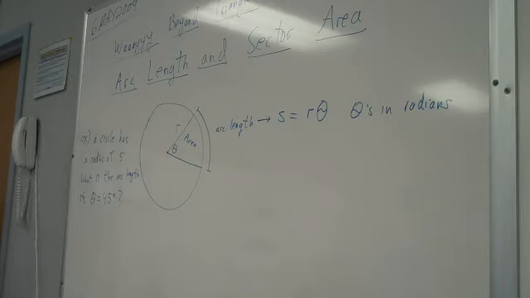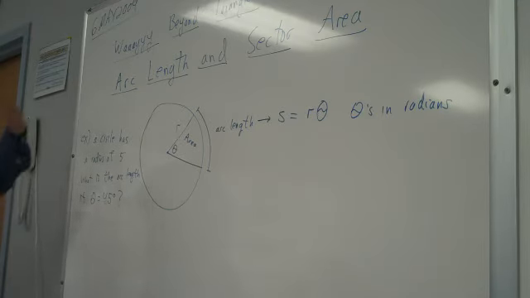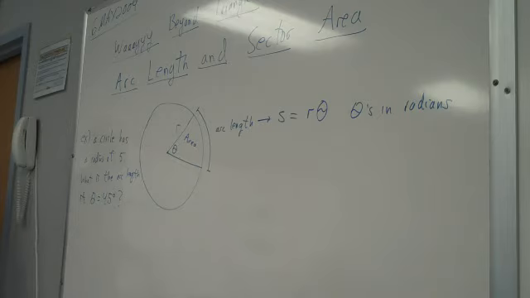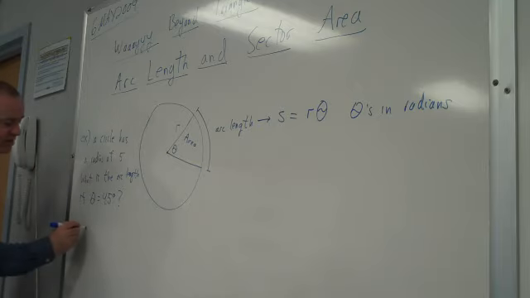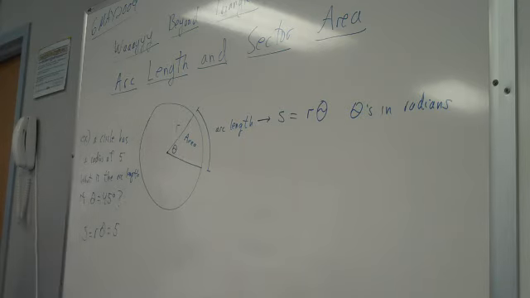If you did this in geometry, you figured 45 degrees was 1/8 of the way around the circle. You found the whole circumference and divided it by 8. Maybe you set up a proportion. I don't know. The easiest way to do it now is to say the arc length S is the radius times theta. The radius is 5. You switch 45 degrees to radians. What is that in radians? Pi over 4.